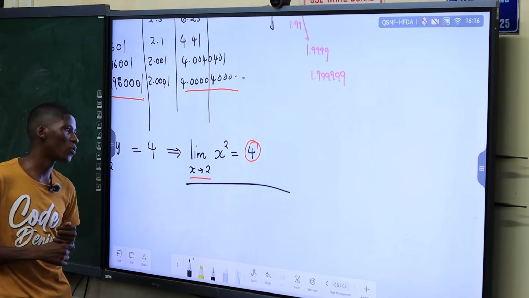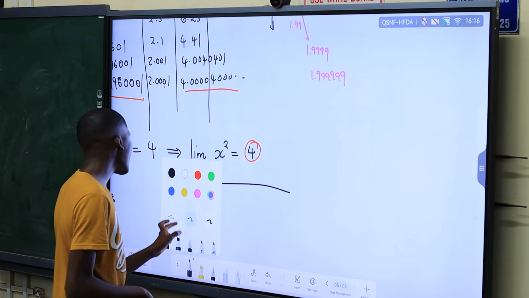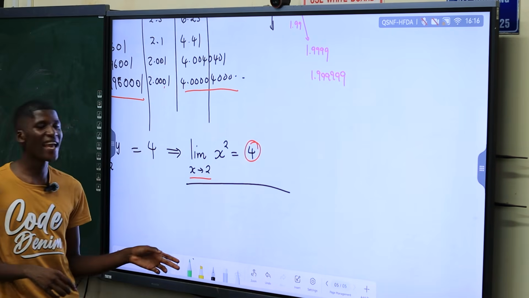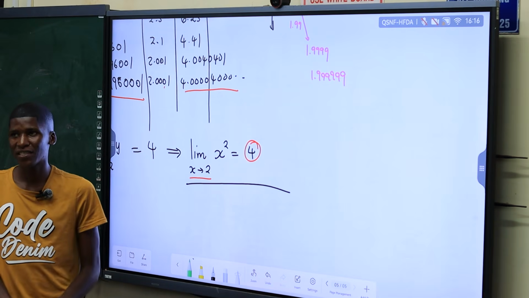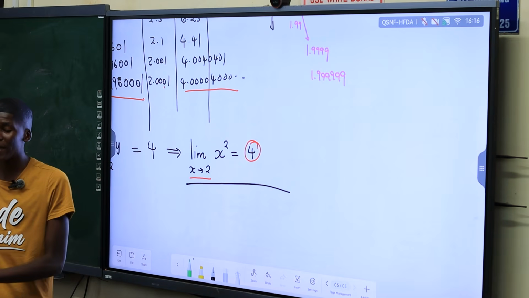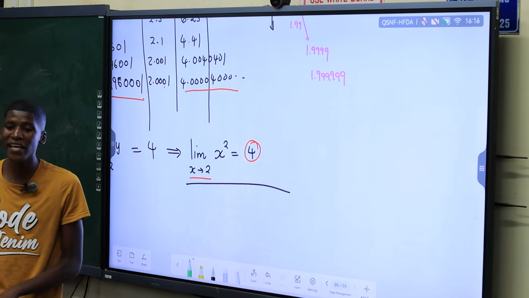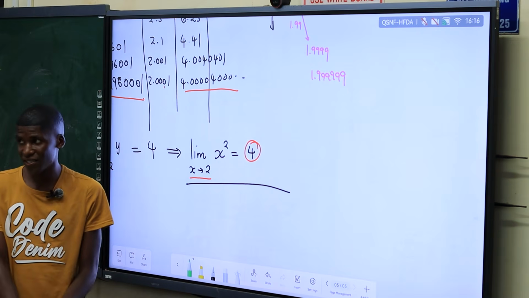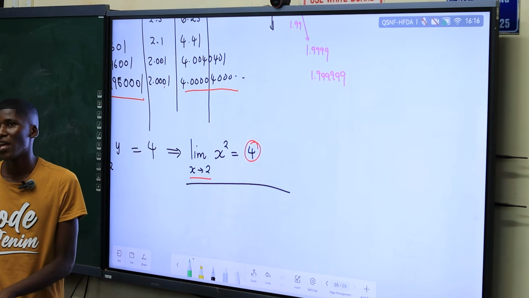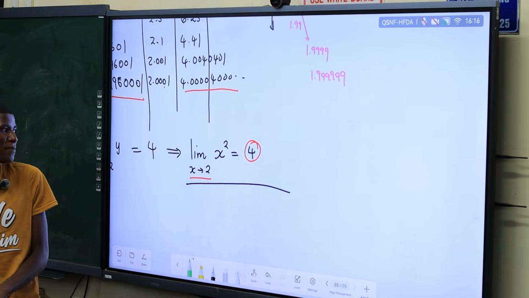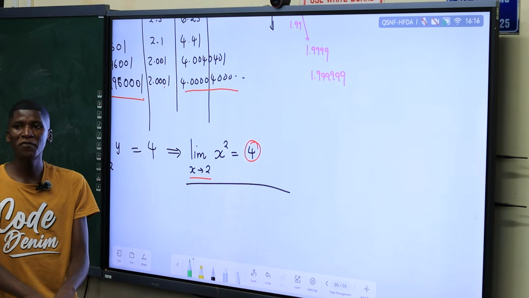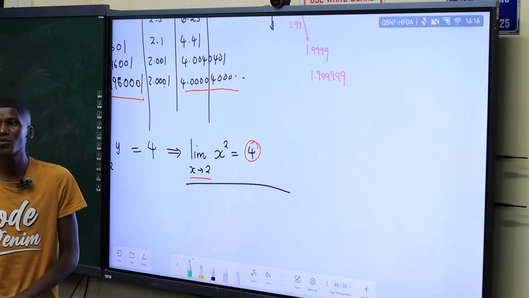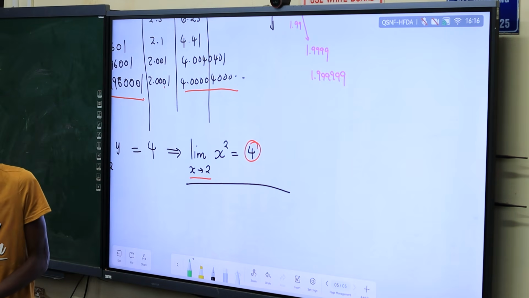But first of all, a limit can either exist or the limit cannot exist. It's possible. When we say that the limit exists, it means that the limit from the right is equal to the limit from the left.